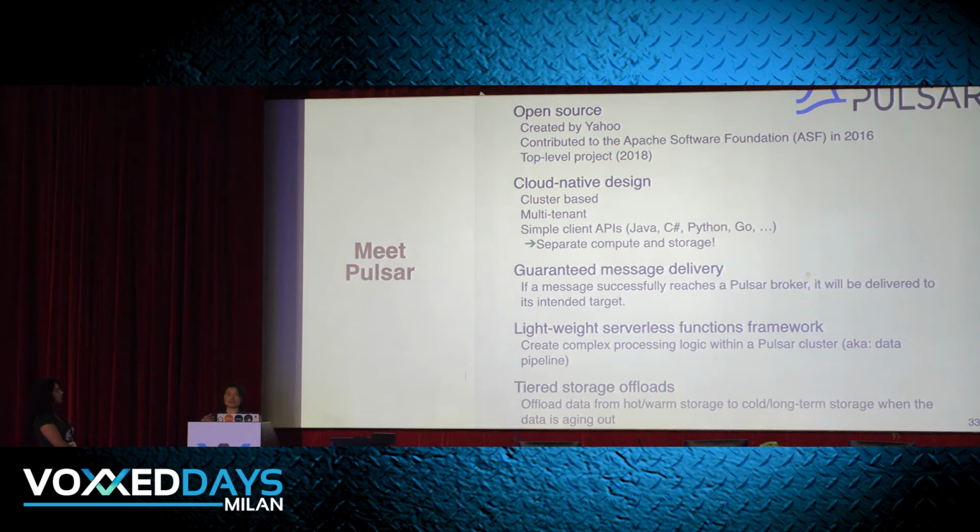When you increase the nodes in your infrastructure, how do you spread out all of your data accordingly? So Yahoo decided, well, we're going to develop our own library. They called it Pulsar. Then by 2016, they decided it was time to open source it to the Apache Software Foundation, and very quickly it became a top-level project in 2018 because everybody recognized its value.